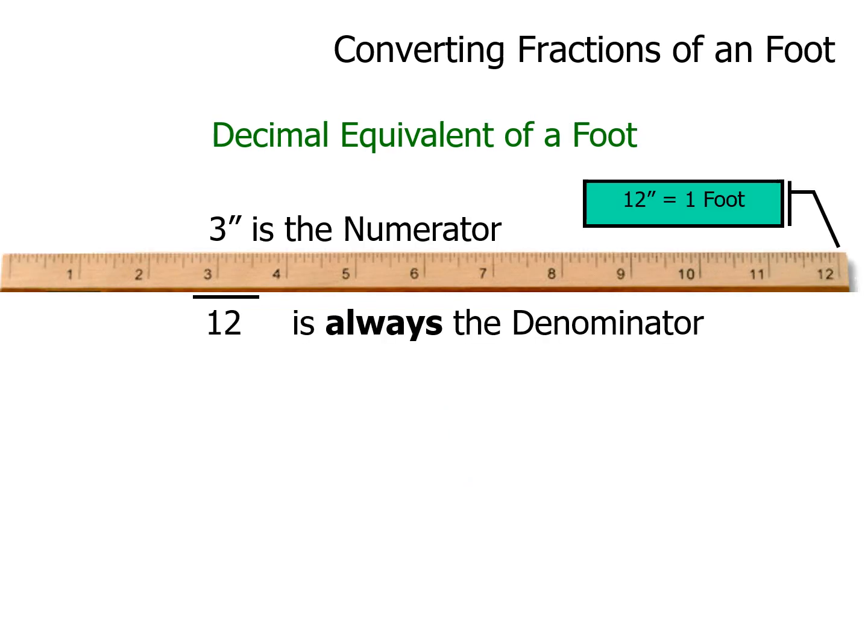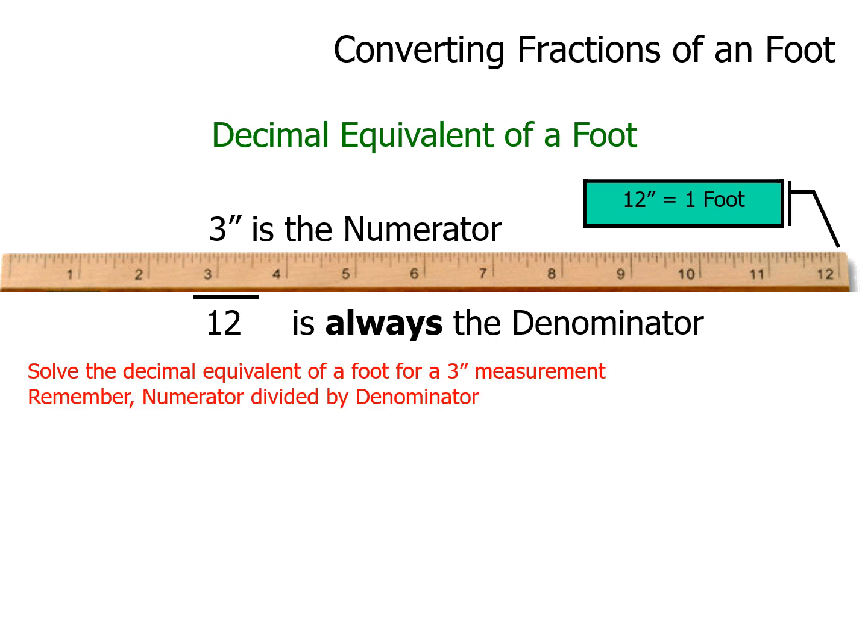So we just said we'd take 3 inches and divide that by 12, and that would tell me what part of a foot it is. 3 inches, look at it, it's 1/4 of a foot.